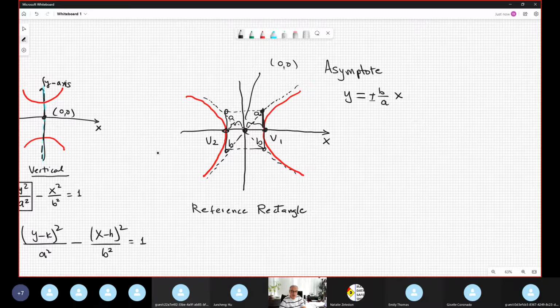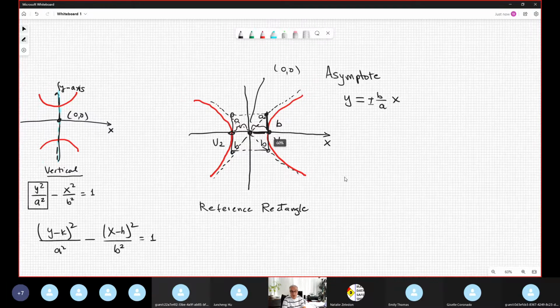Look at this segment b, this segment a, the slope is b over a, and we have two asymptotes. One has a positive slope, and the other a negative slope. This is the formula for the asymptotes, which is important in any problem. We need to determine the asymptotes because it's part of the game.